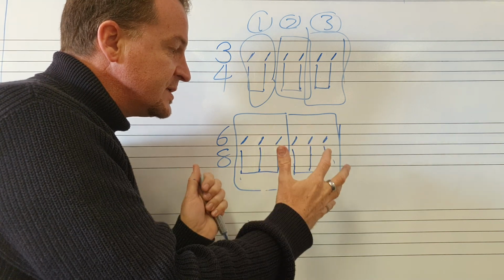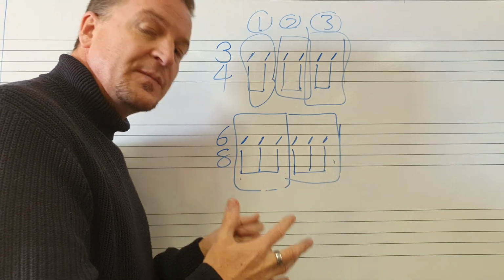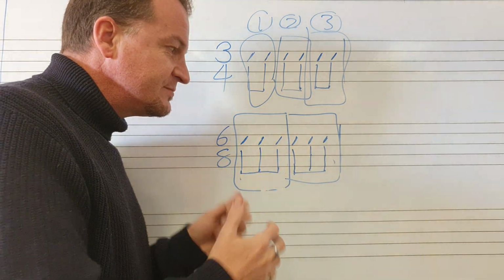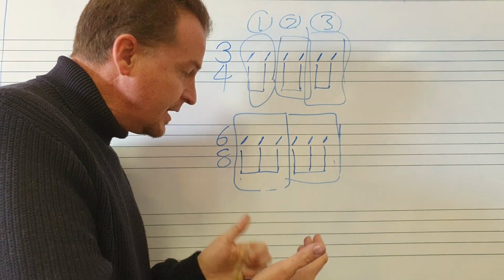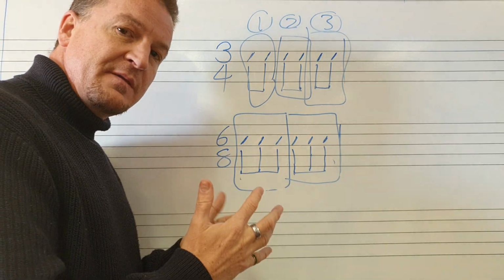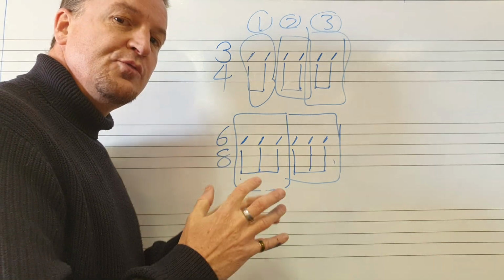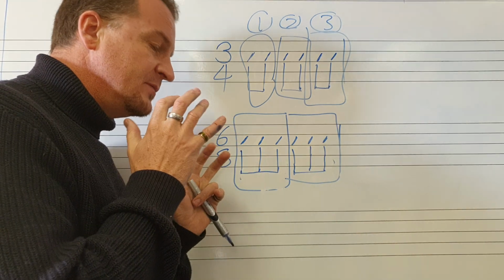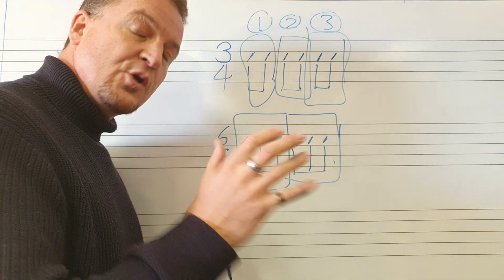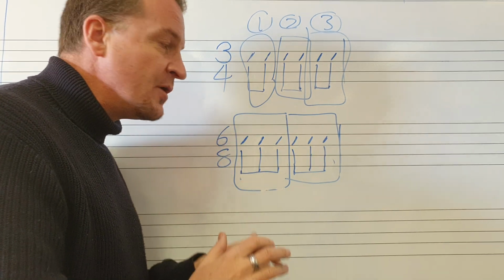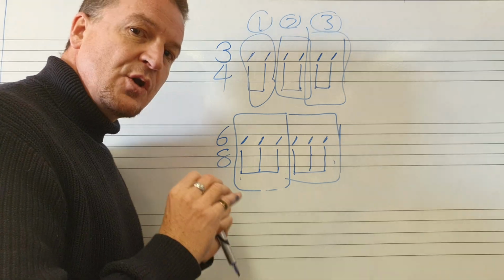And because this is compound duple, it's got to be grouped in 2. Okay, try and get your head around that. That's the main concept of grouping. It's how to group the beats according to that definition. So that's why that definition is so important.